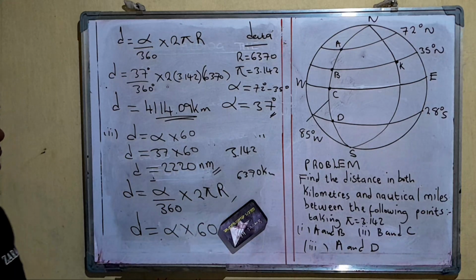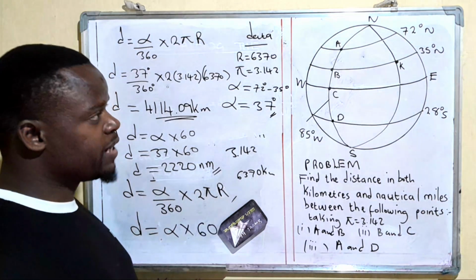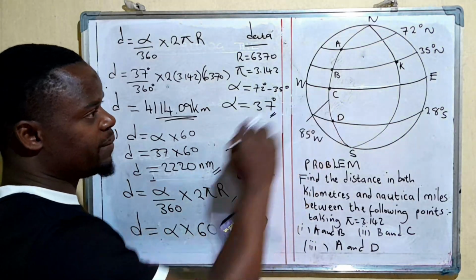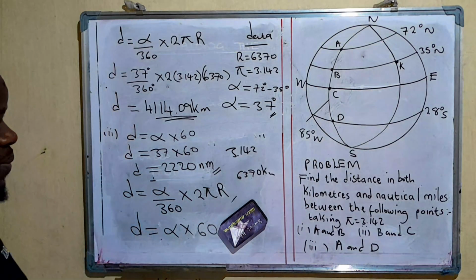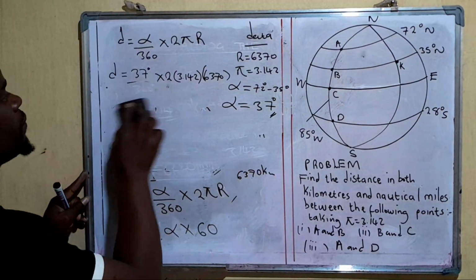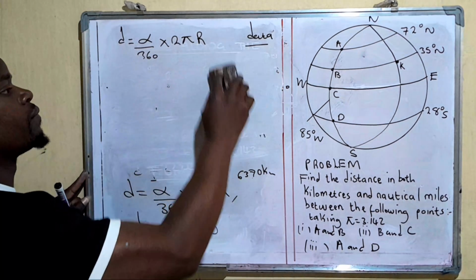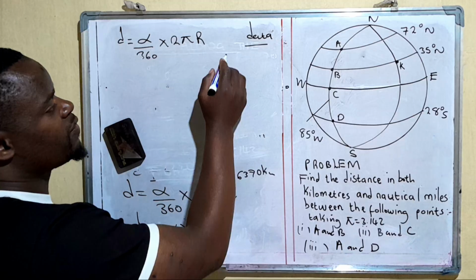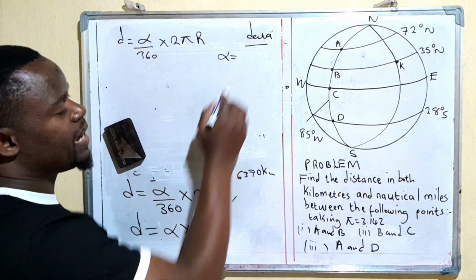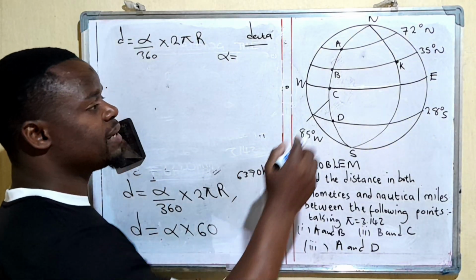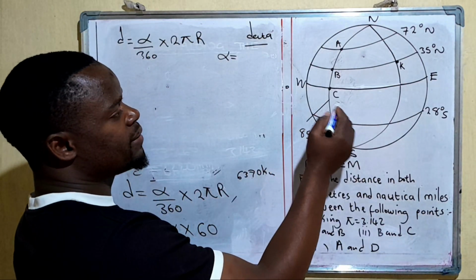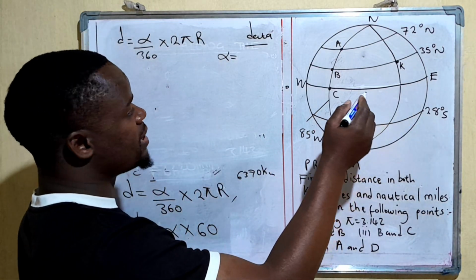Let's move on to the second set of points, that is B and C. Let's resolve these two. All right, so let's resolve the difference in latitudes for points B and C. B is on 35, then C is on the equator.